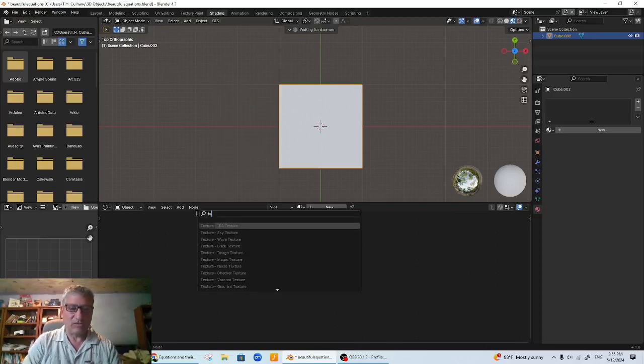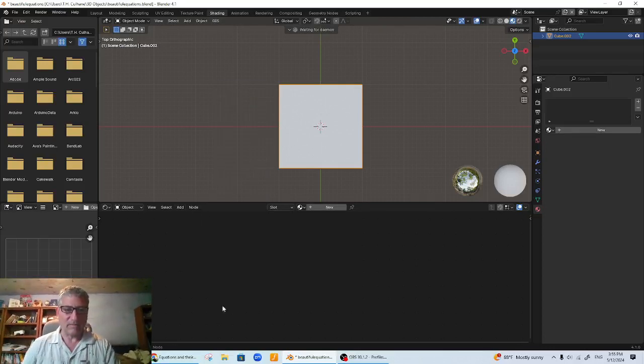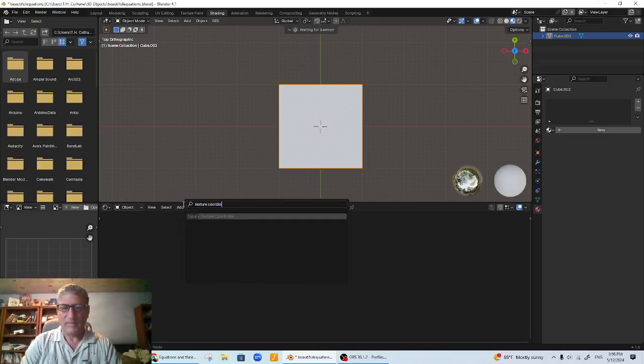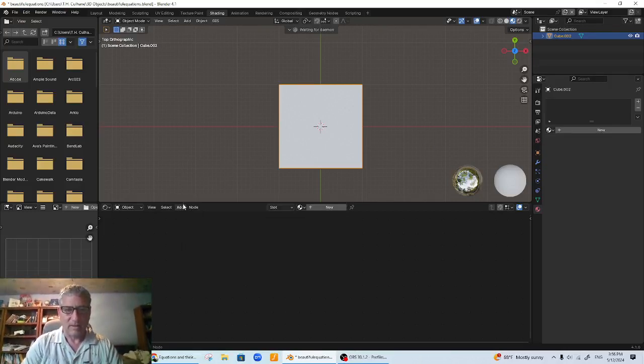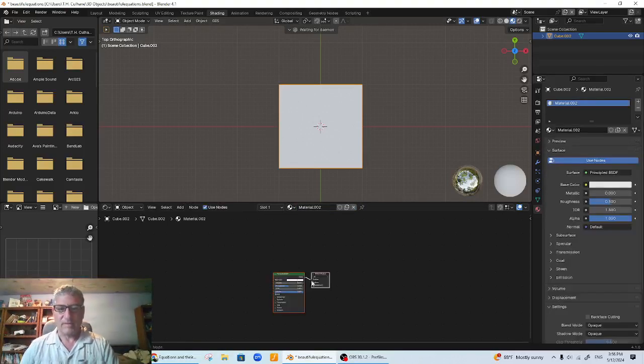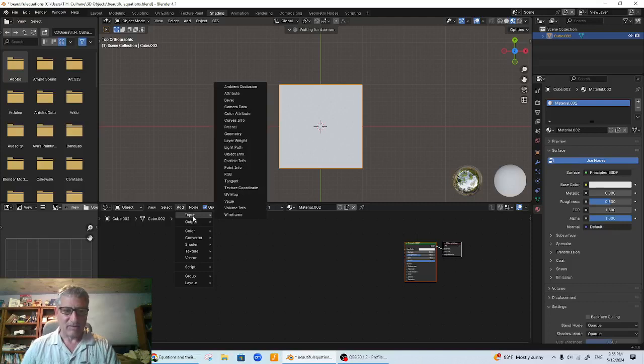So let's do that again. Texture coordinates, because that's good practice. Texture coordinate comes in. Hey, nothing happened. Why not? Come on. Add texture coordinate. Because I didn't click on new. All right, let's do that again. Add a texture coordinate.